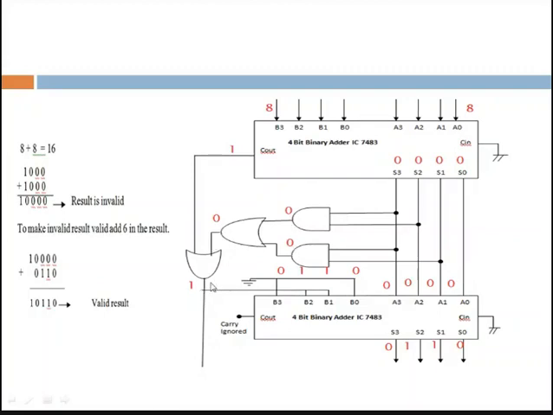Now here, if it is an invalid result, then from the second IC, whatever sum part you are considering, you have to add 6 from the second addition for the B input. Now check here. So 0 should be connected to the ground LED. So your C out becomes 1, like this one. Now observe here, B3 and B0 are already 0 0. Now this is a 1 and this output bit is connected to the B2 input and the B1 input.